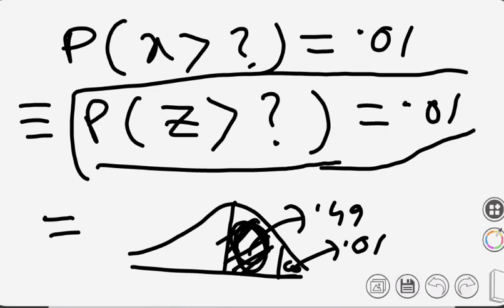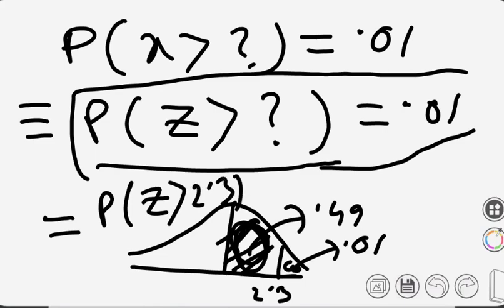So it will be around 0.489, which can be approximated as 0.49. So that means this value of z is 2.3. So I can write probability z greater than 2.3 is equal to 0.01.